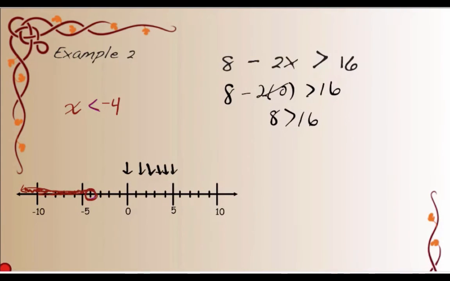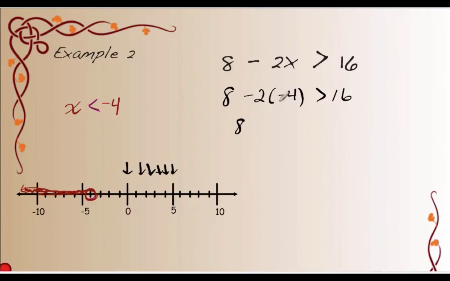How about if we chose that -4, just to show you what would happen if we chose the -4? 8, -2 times -4 is +8. Is 16 greater than 16? Nope, it equals. And that's why -4 is not shaded in.